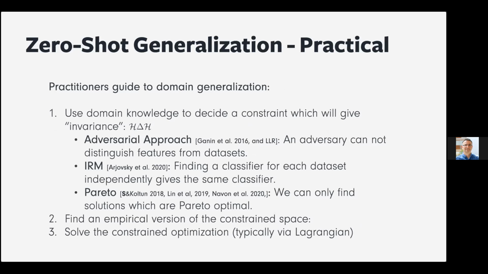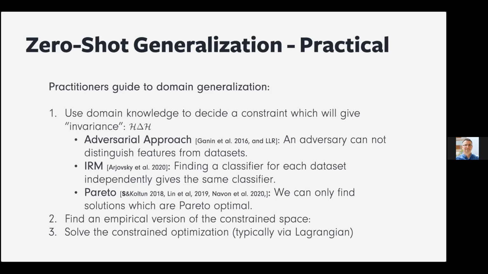For example, you can go full adversarial, which means that if an adversary only sees your features, only representations, they cannot separate data points from different data sets. Or you can look at invariant risk minimization. They basically say that if I train classifiers going from representation to the classes independently on different data sets, they should give me back the exact same classifier.